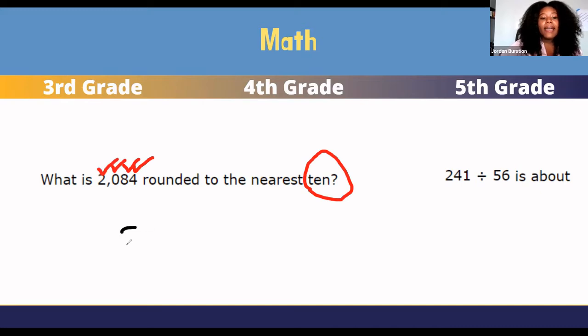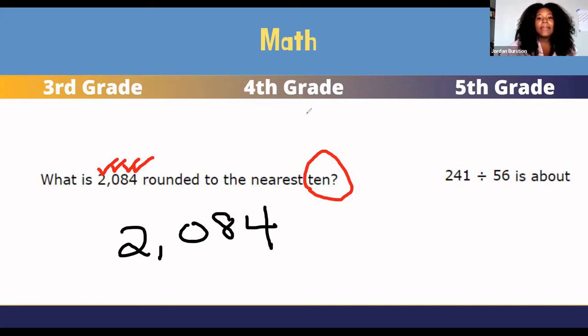They want me to round to the nearest 10, okay? So I'm going to rewrite this number just a little bit so it is bigger, easier to see. I'm rounding to the nearest tens place. So I need to know if this 8 should be rounded to a 9. And the way I do that is I look to my neighbor on the right.